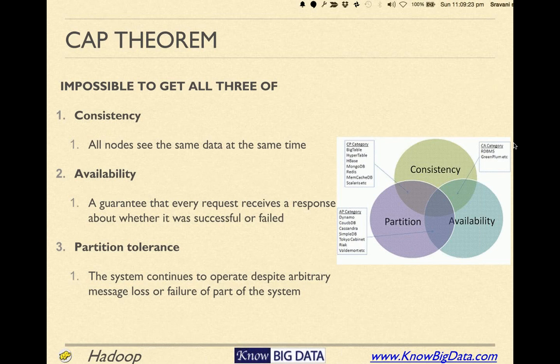Second is availability. Your database should be available: a guarantee that every request receives a response about whether it was successful or failed. No request goes unanswered. That is called availability. Third is partition tolerance. Partition tolerance means if some of the machines go down in our network, or a network cable has broken somewhere, still the system should function correctly.